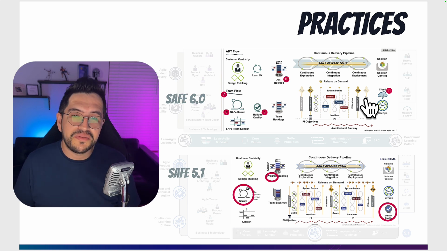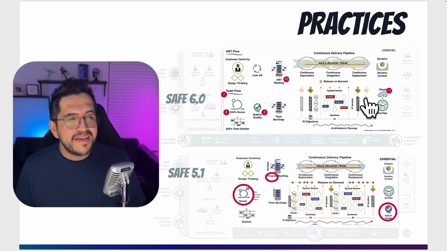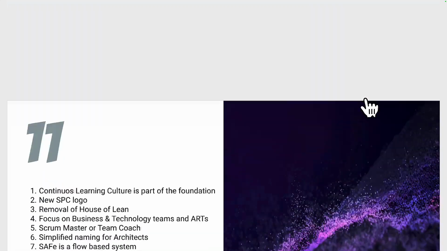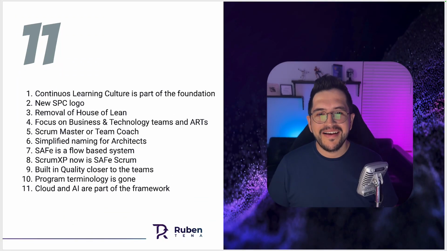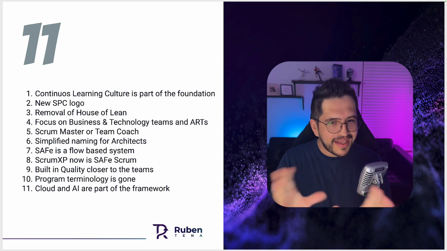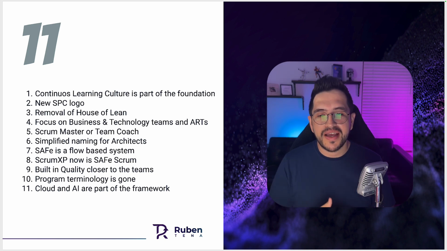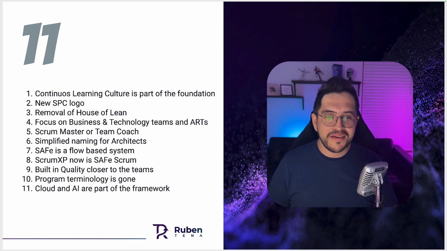But here it is really interesting that in case you need guidance, it is there for you. So as you can see, we can make multiple videos just talking about the small changes that we have in SAFe in this new version, but all good things, okay?